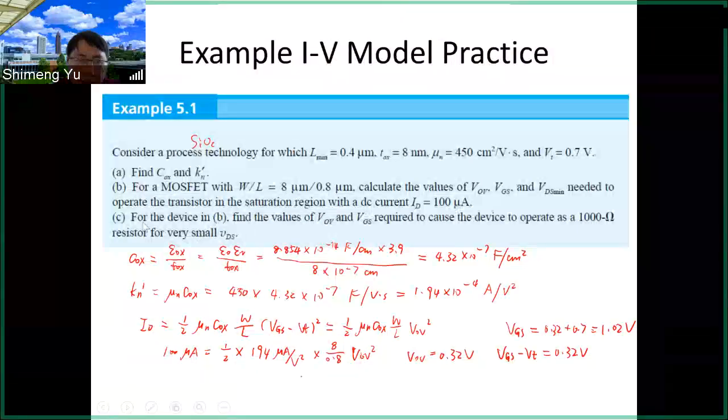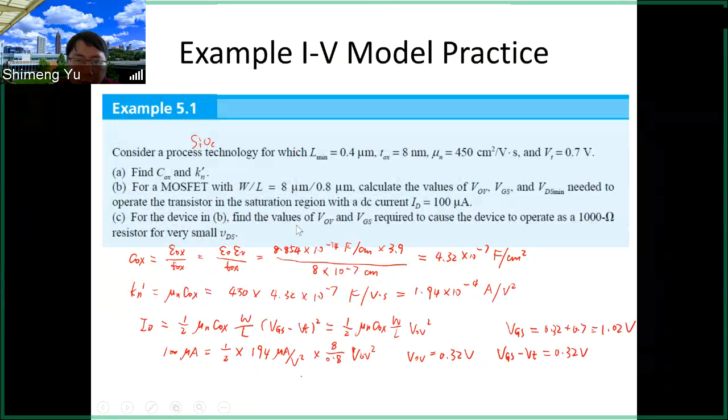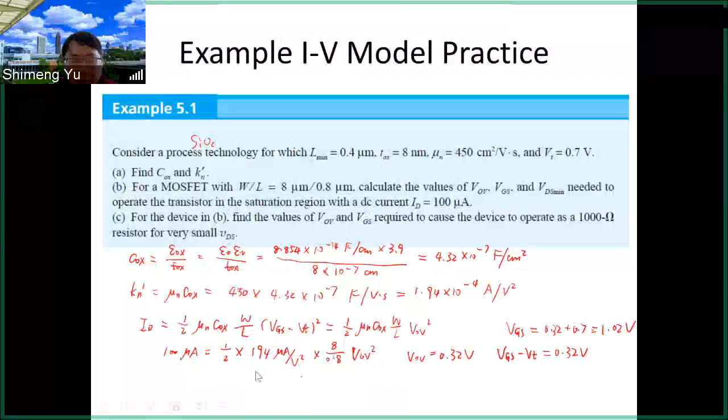Okay, the third one is to find the voltages to operate this device as a 1000 ohm resistor for very small VDS. This is to approximate the transistor as a resistor. That means the transistor is in the linear region, and we can use the equation for the channel resistance in the linear region.